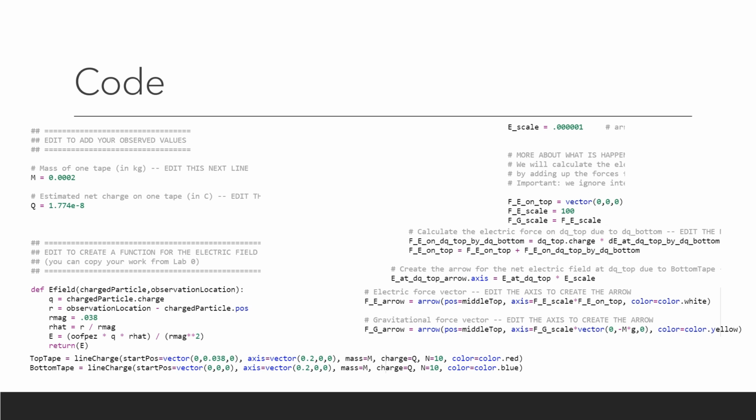And then for the vectors, we used the separation distance of the tape to create the top tape and bottom tape vectors. Then the scales were adjusted accordingly so that the model was visible, and the forces were calculated based on the other equation previously shown, the E equals the integral of dE equation.